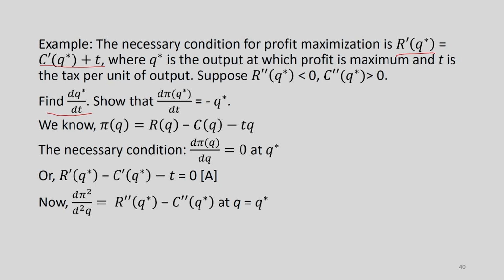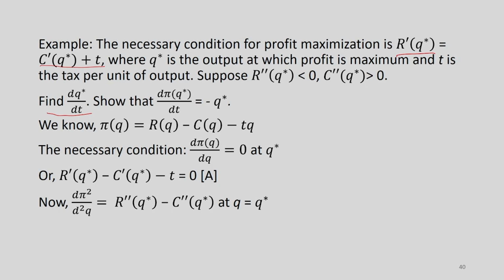Okay. So, what does this mean, dQ star dt? What it means is, as the tax rate changes, how much does the equilibrium output, that is Q star, the profit maximizing output, change instantaneously?